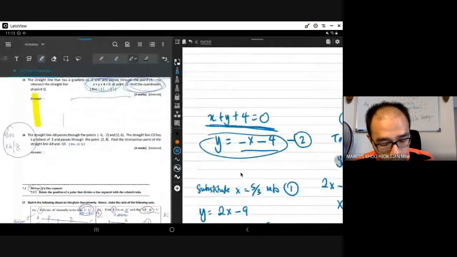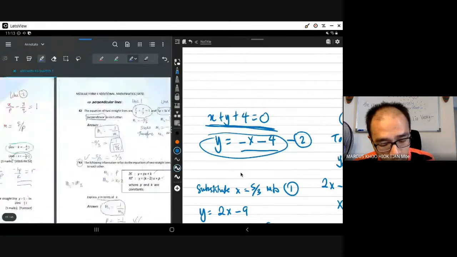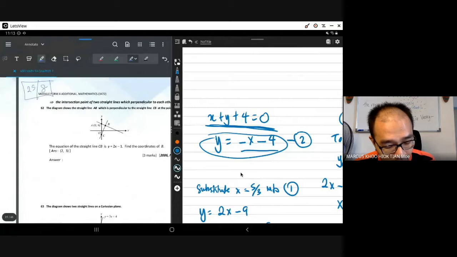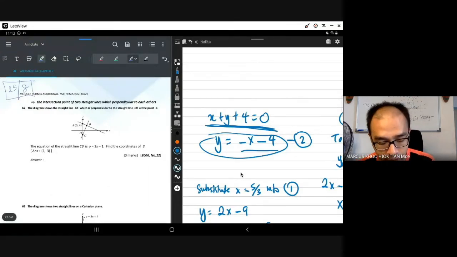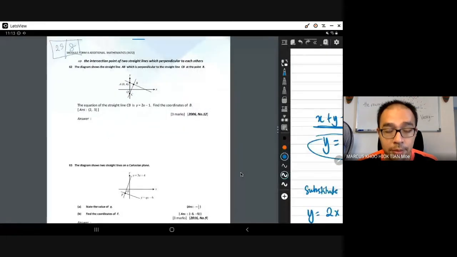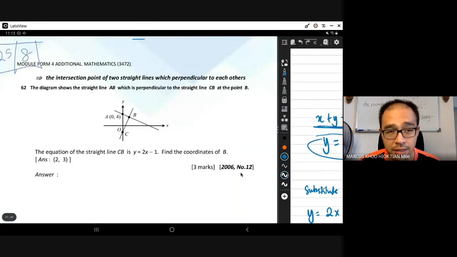Okay, so now the next thing is, please turn with me to this page, the page where we're supposed to do the Form 4 stuff. This one, the intersection point of two straight lines which are perpendicular to each other. Remember, we were talking about perpendicular lines, the day before.